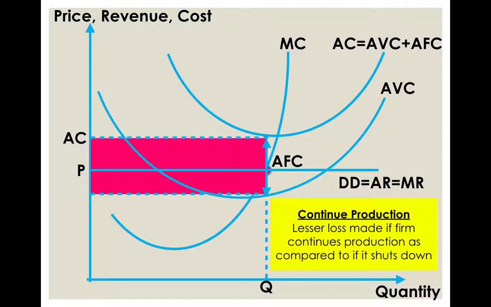Now we can see that in this case, the shutdown condition at the quantity Q is not satisfied, because at the quantity Q, the price that is charged is actually higher than the average variable cost that is incurred at quantity Q. So since P is bigger than AVC, the shutdown condition does not hold, is not satisfied, and that is why this firm will continue production instead of shutting down.